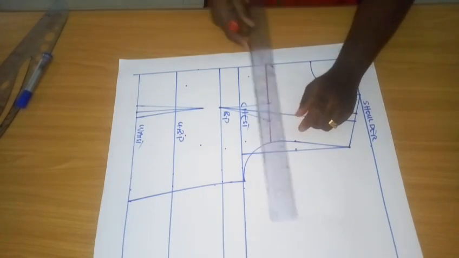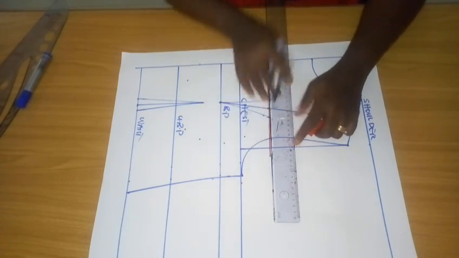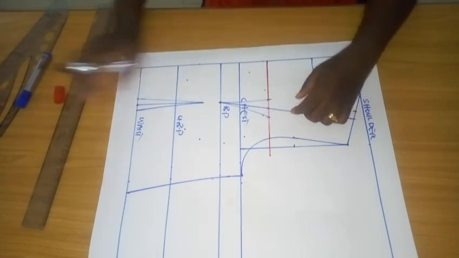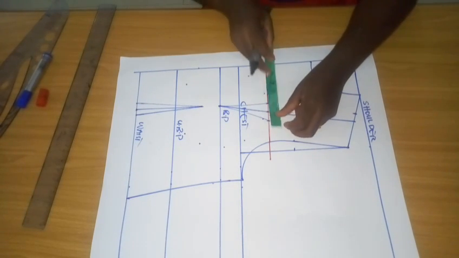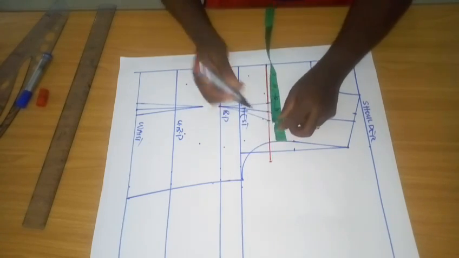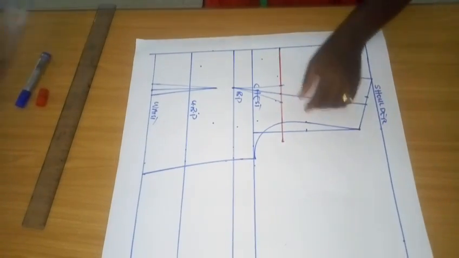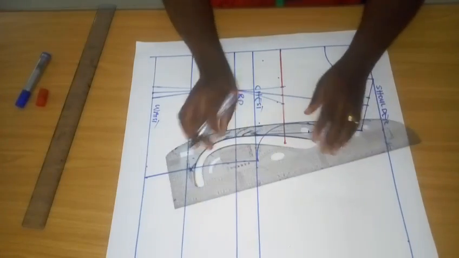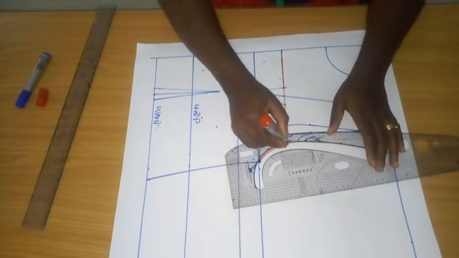So from here I'm going to extend my line by 1.5, because measuring the dart I have here is 1.5. So from here I'll be replacing 1.5. Can you see? That is the replacement of the upper bust dart, and I'm going to reconnect into my neckline, as you can see, like this.